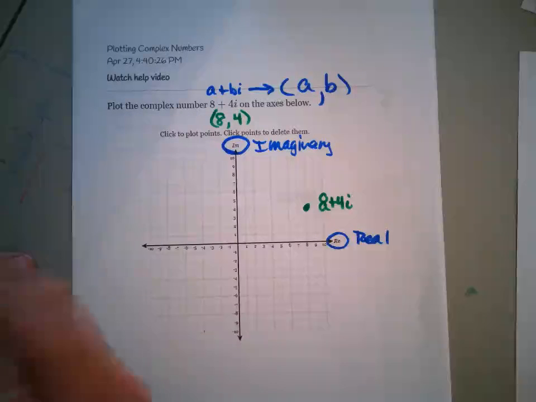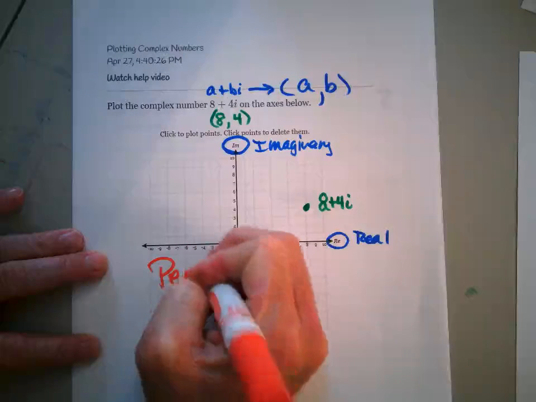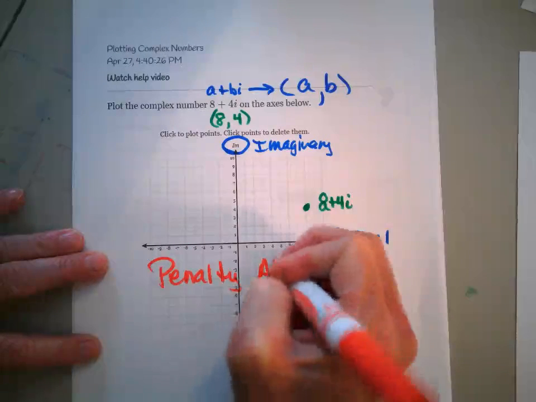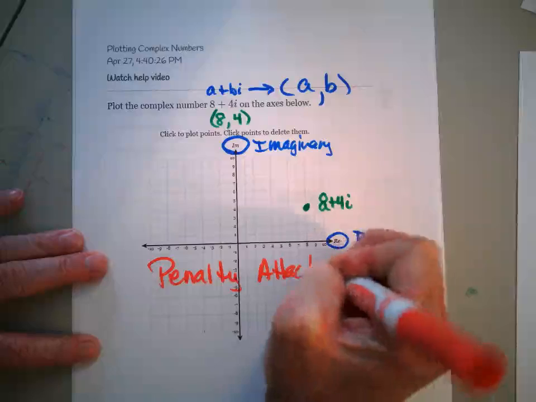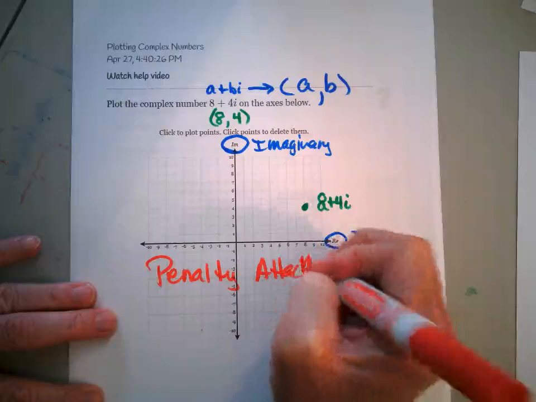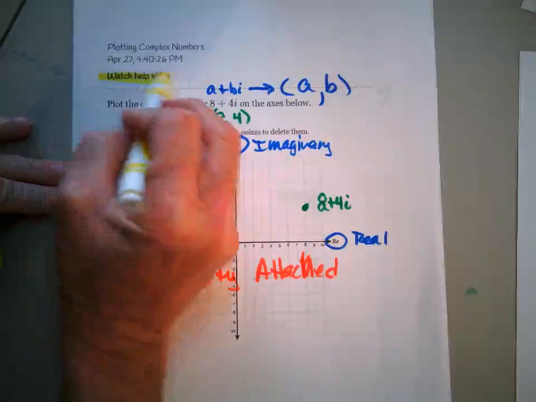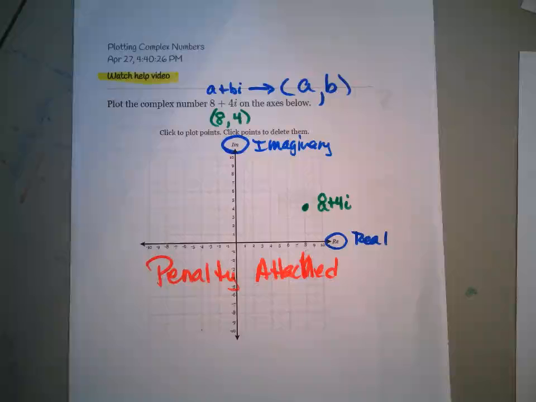Now, as we continue and move on here, this section has a penalty attached, because these problems are very simple. What I've found is that if you're struggling, the help videos show you how to use the Delta Math program.